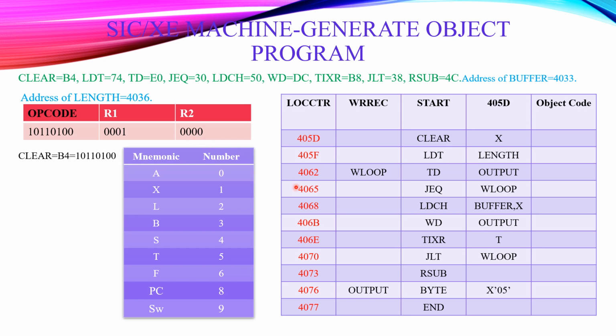Now for finding the object code, we group the bits in 4 bits each: 1011 is B, 0100 is 4, and this is 1 and 0. So it will be B410. The object code for the first instruction will be B410.